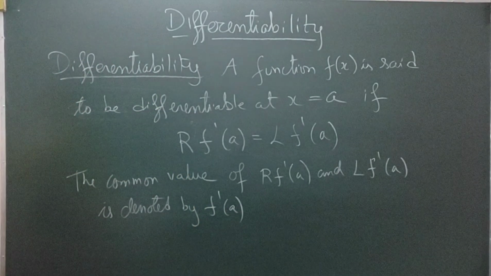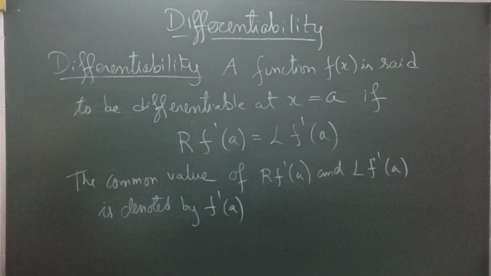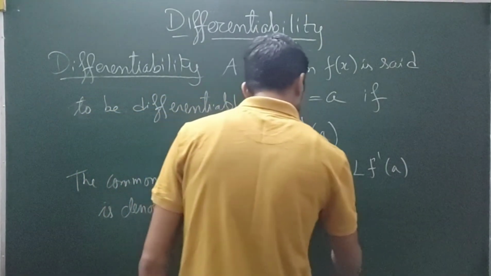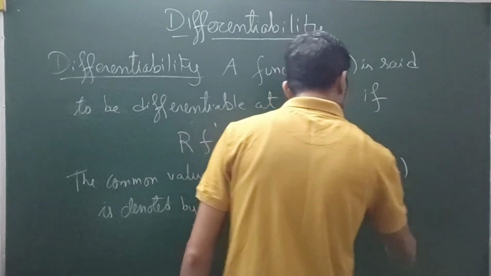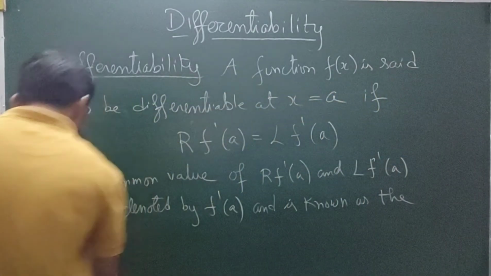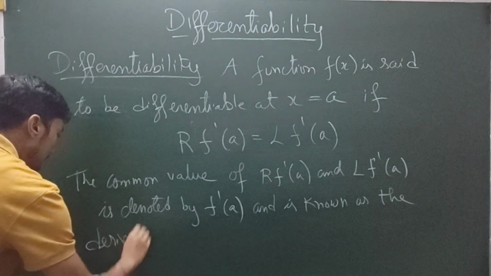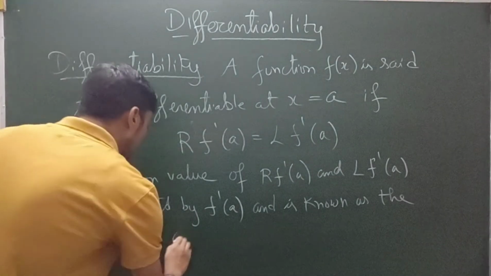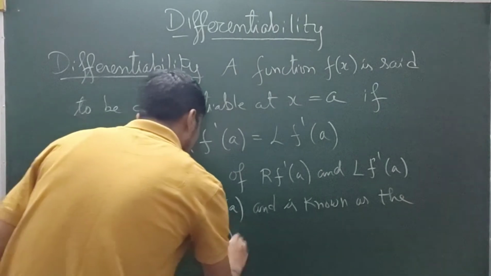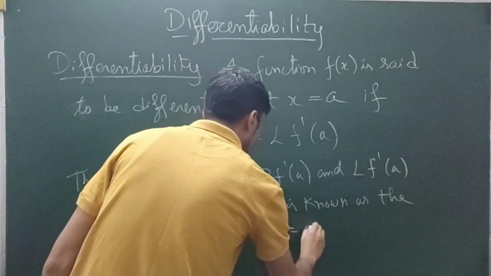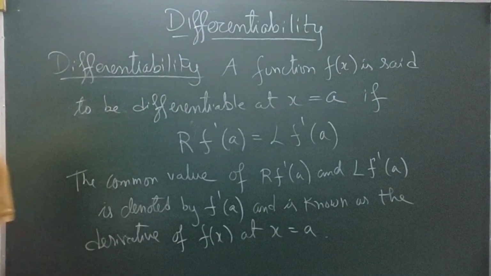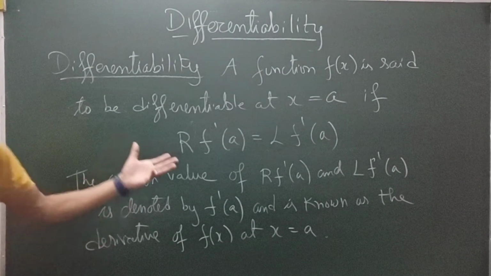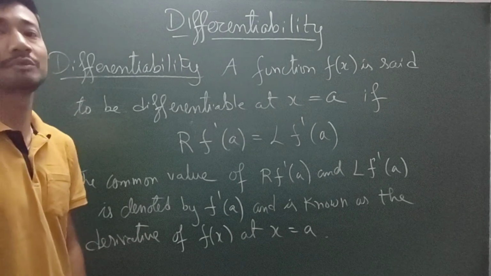That's the meaning of derivative, and is known as the derivative of the function f of x at x equal to a, where a is any arbitrary real number. So this is what we mean by differentiability at a given point.